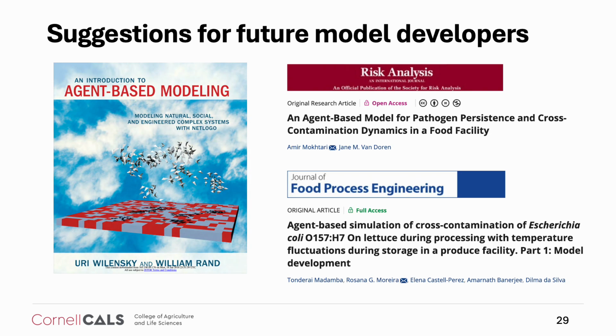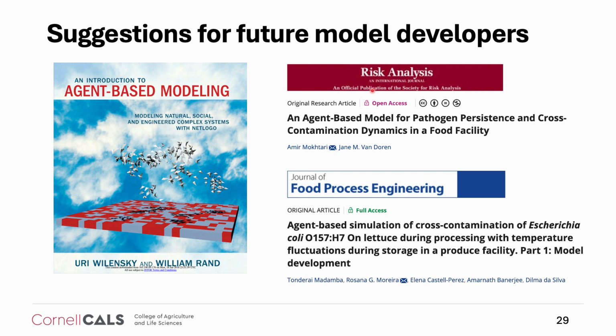If you are interested in learning more about the background of ABM or planning to develop an ABM yourself using NetLogo, I would suggest looking into the Introduction to Agent-Based Modeling textbook by Wilensky and Rand. I also want to point out that there are various agent-based models that have been developed to simulate pathogen cross-contamination in processing facilities.